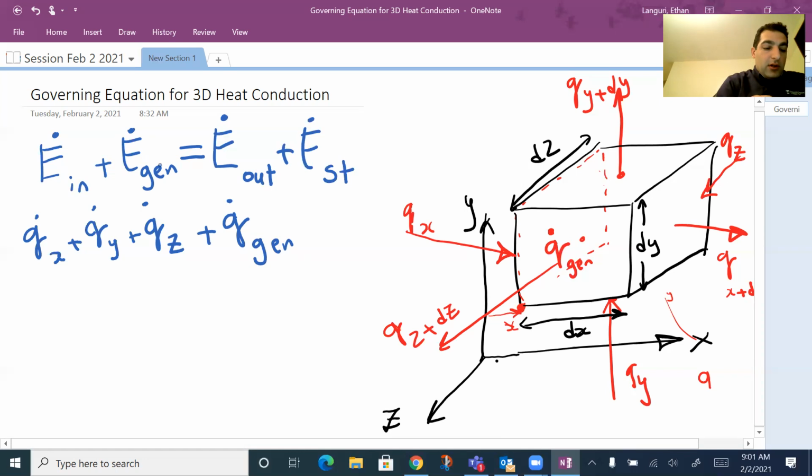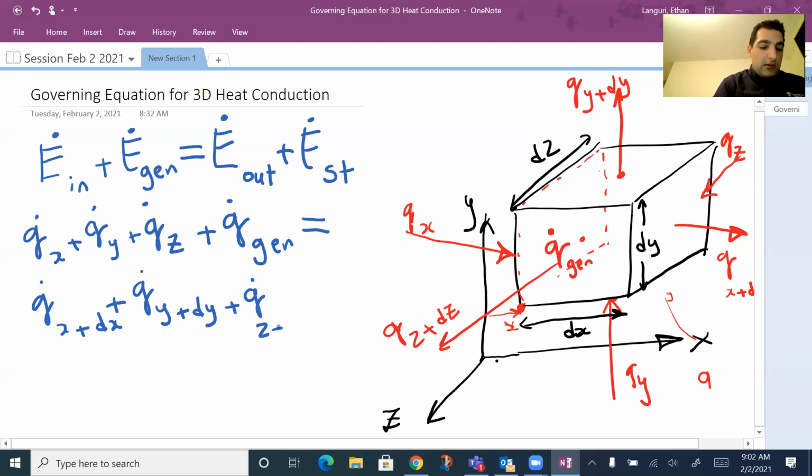This should be equal to, I'll write it down, the remaining energy out, as we discussed, Q dot x plus dx leaves on the x direction, Q dot y plus dy leaves along the y direction, and Q dot z plus dz leaves along the z direction.